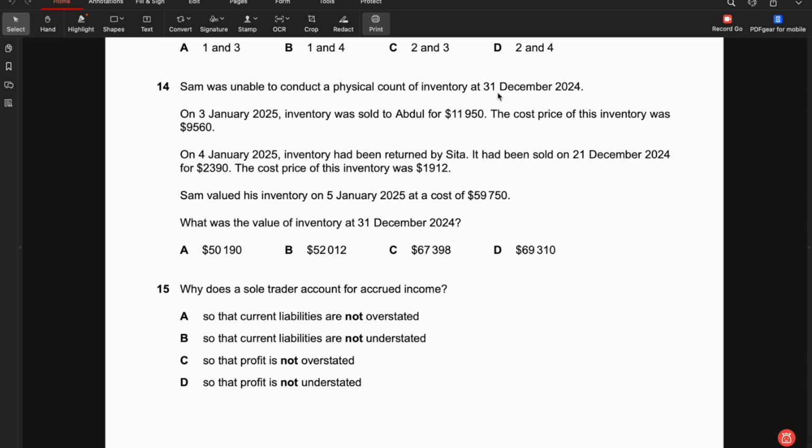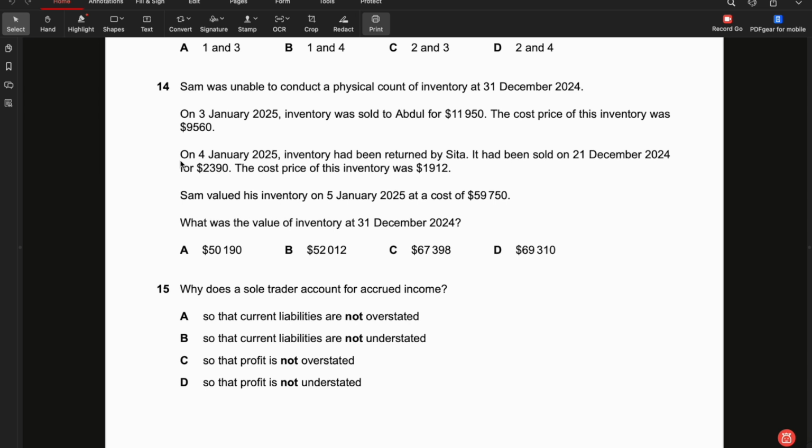So he could not conduct the physical count of the inventory on 31st December, but on 3rd January he sold some inventory. Forget about the selling price. The cost of those inventory was 9,560, taken out from the closing inventory of last year.